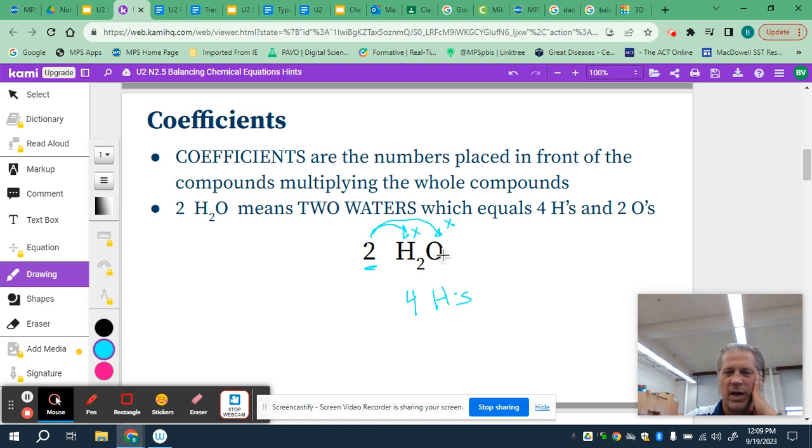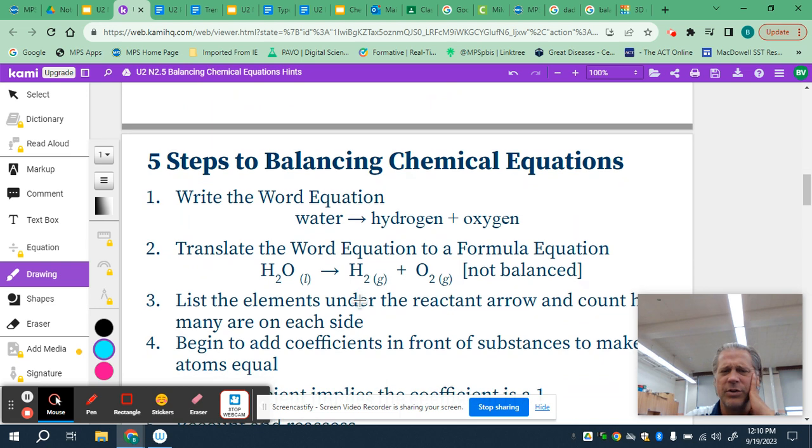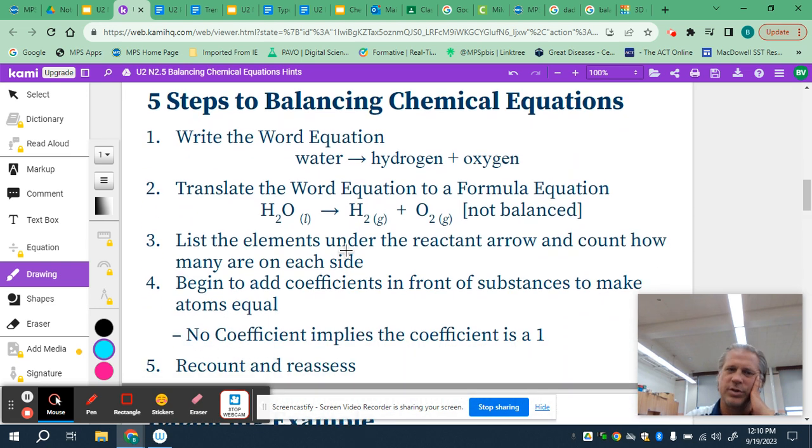And 2 times, there's nothing behind the O, so we're going to say there's 1 there. So 2 times 1 will give me 2 O's. So really, that's what this is telling me. If I have 2 in front of water, H2O, I really have 4 H's and 2 O's that I'm trying to account for. So there's some steps to balancing chemical equations.